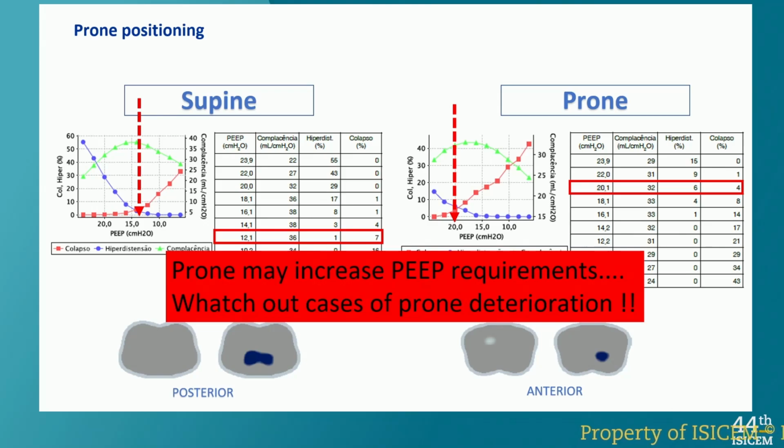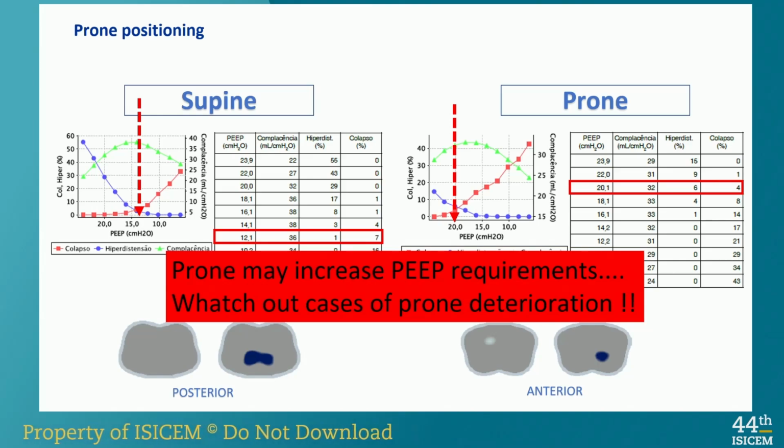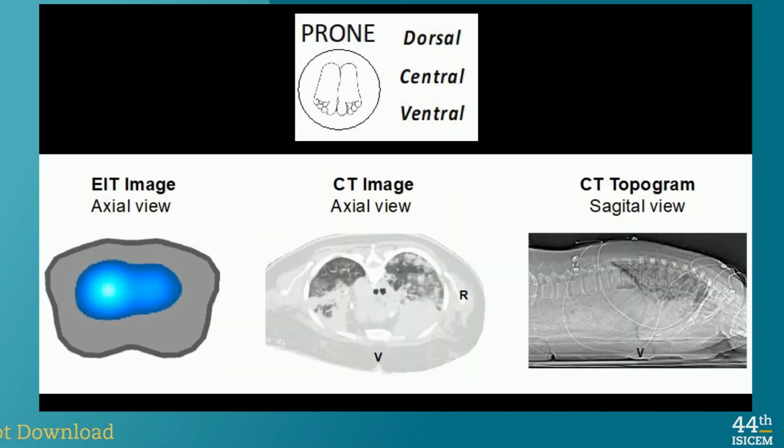So prone may increase PEEP requirements. Watch out for cases of prone deterioration. Every time I see a sudden deterioration in prone and physicians were trying to put the patient back in supine, later on I did it again and titrated PEEP, and these patients needed much higher PEEP, like in this patient.